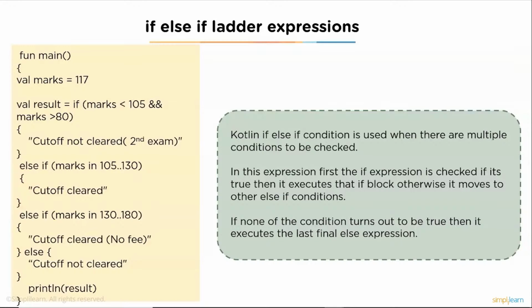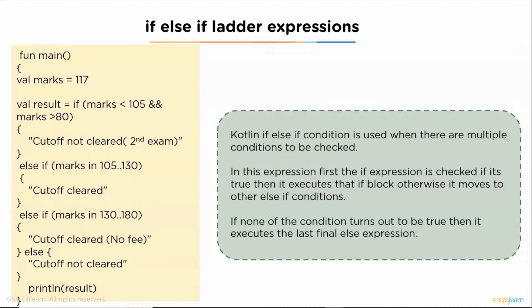According to this example, if a student scores marks between 80 and 105, then the cutoff is not cleared, but he or she can sit for the second examination. If the marks scored are between 105 and 130, then the cutoff is cleared. If the marks scored are between 130 and 180, then the cutoff is cleared and also there will be no fee.